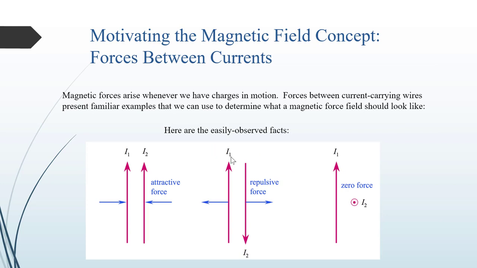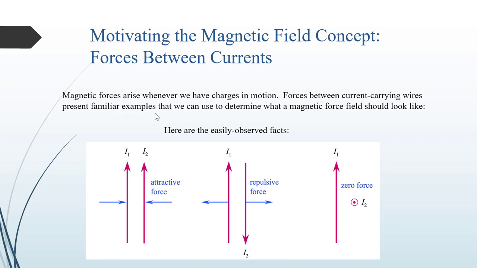As we have seen in electrostatics, whenever two charges are present close to each other in space, one charge will exert a force on the other because it has generated its own field, and the other will exert a force on the first charge. But here there are no charges.